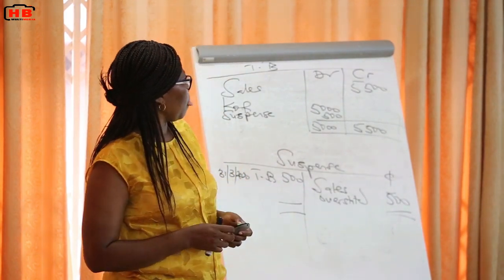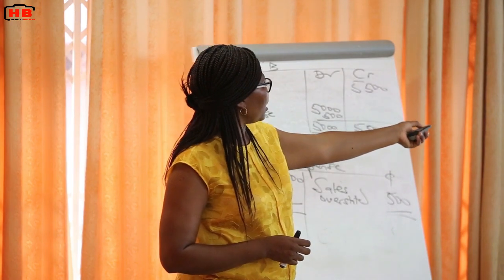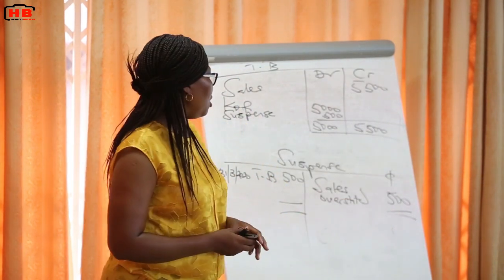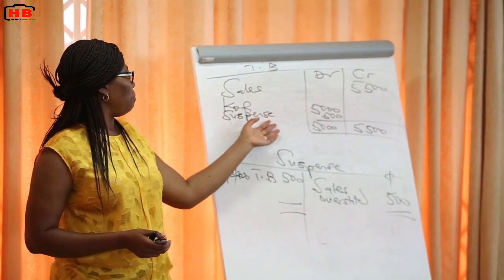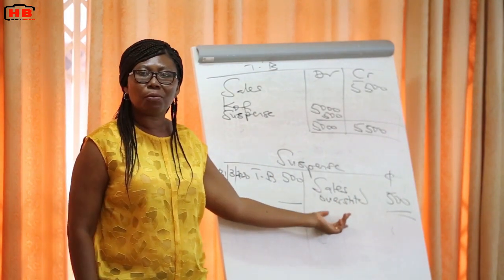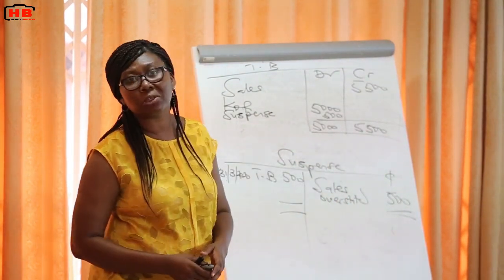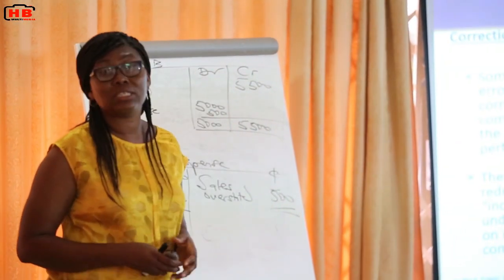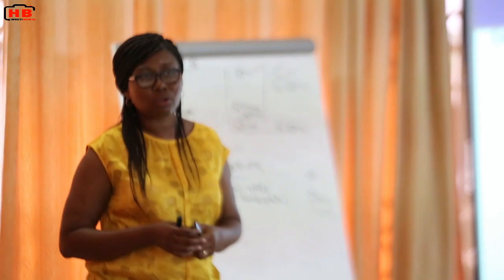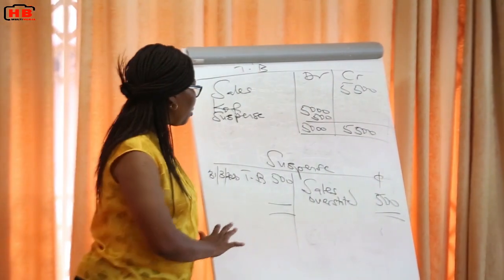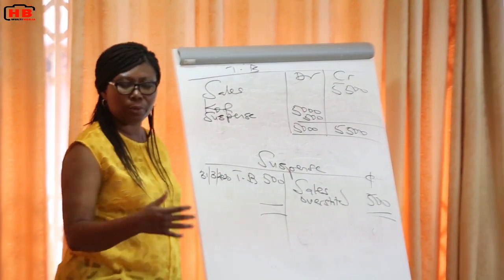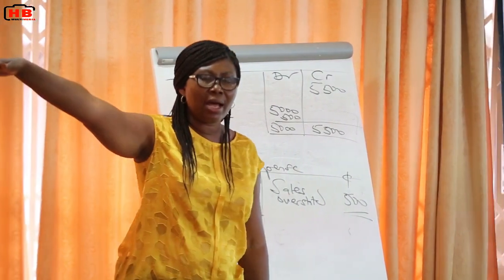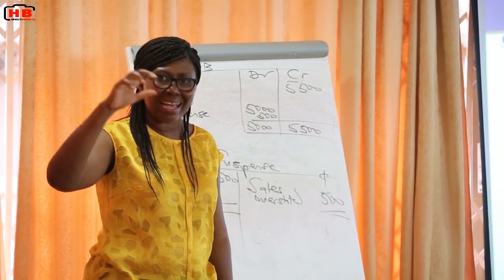Okay. So that is it, correction of the net profit. Now there are times where by the time you finish with the errors with respect to the suspense account, you may have prepared your financials. The question is, what do you do? We cannot wait till all the errors have been taken care of before we prepare the financials. Remember, users of financial statements are waiting.